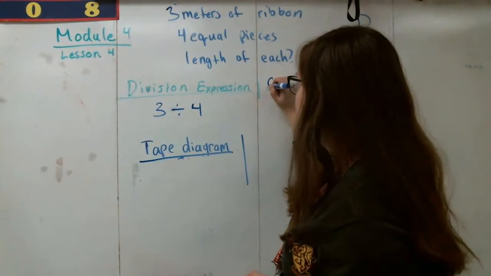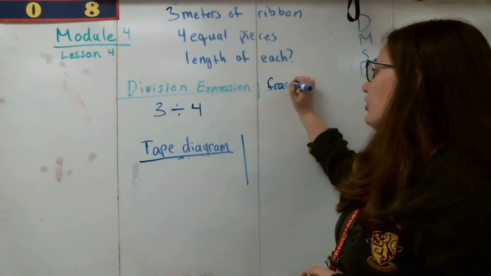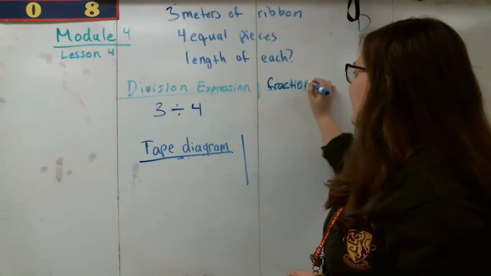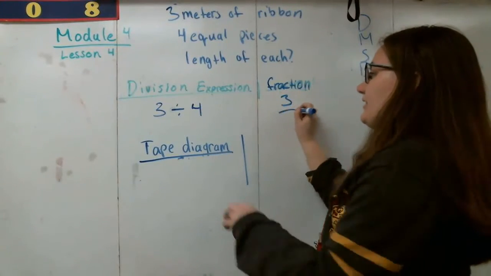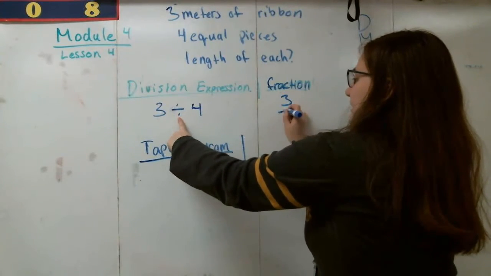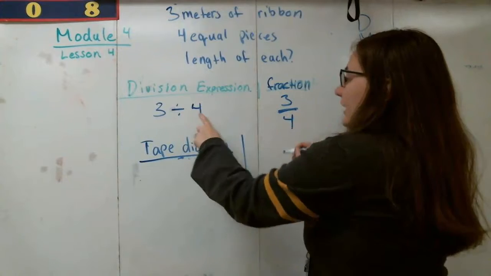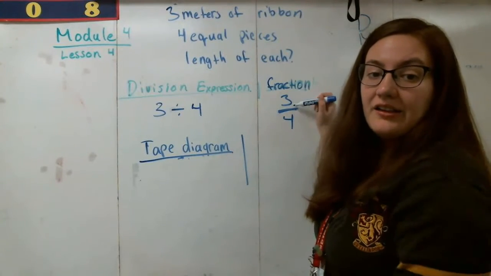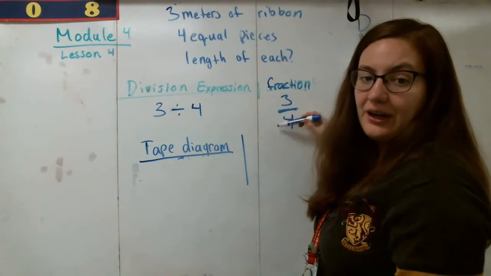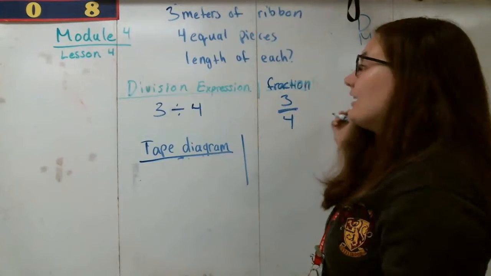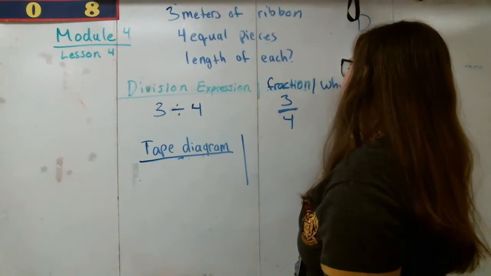Now when I go to make my fraction, I need to write 3 divided by 4. So I have my fraction. Remember, the number on top is what I'm dividing. The number on the bottom is what I'm dividing by. Then we'll worry about our whole numbers a little bit later.